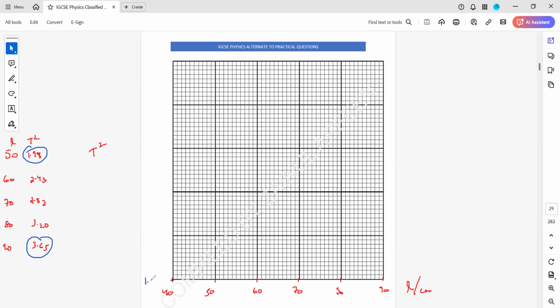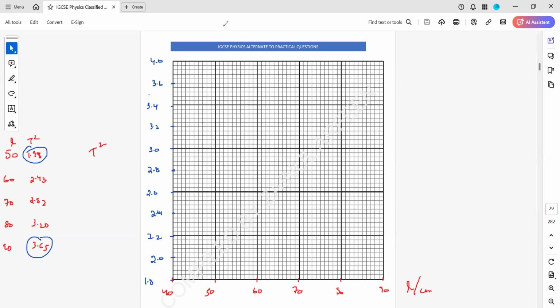So this was say 1.8. This is 2.0, 2.2, 2.4, 2.6, 2.8, 3.0, 3.2, 3.4, 3.6, and 4.0.